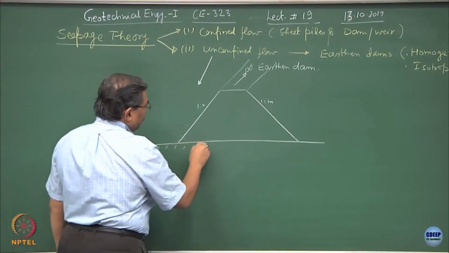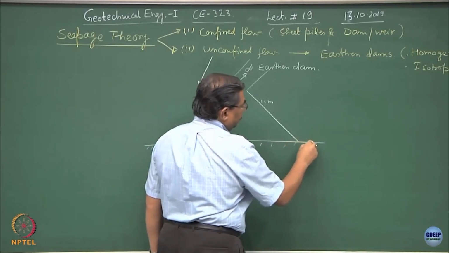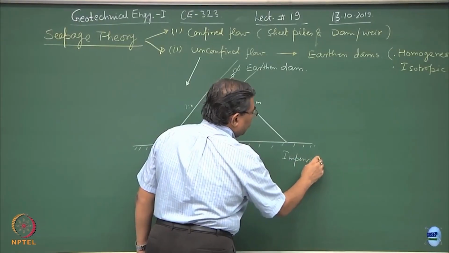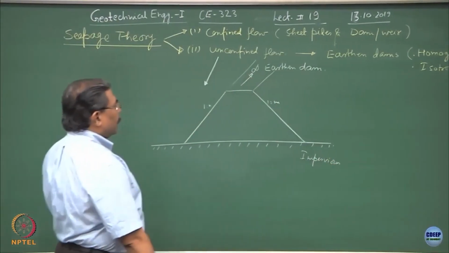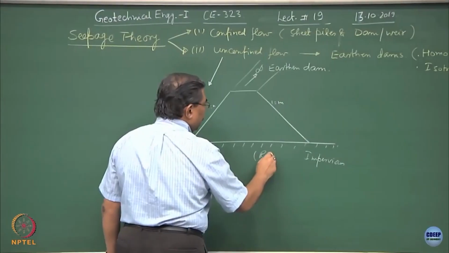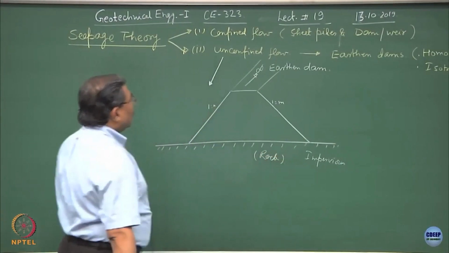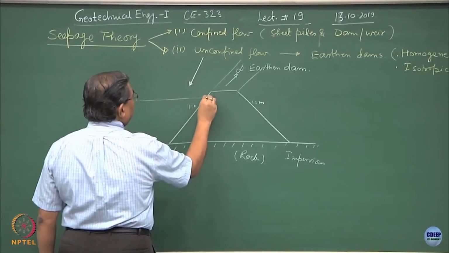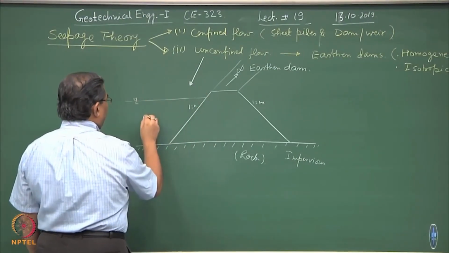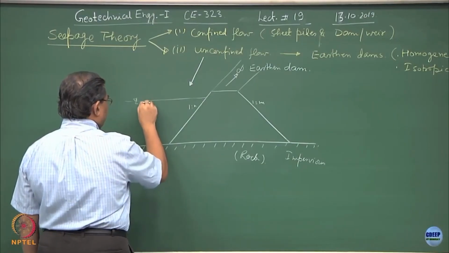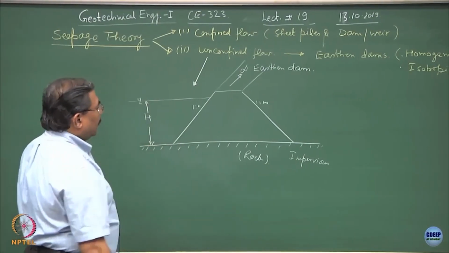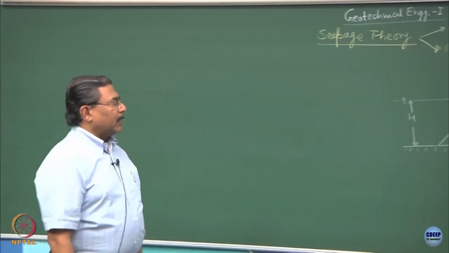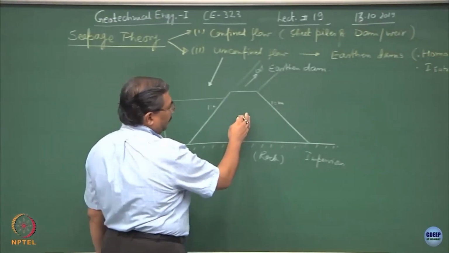We might assume this to be impervious, it is a rock, and then suppose I am retaining water over here of height h. I want to establish the domain of seepage which is occurring through the body of the earthen dam.